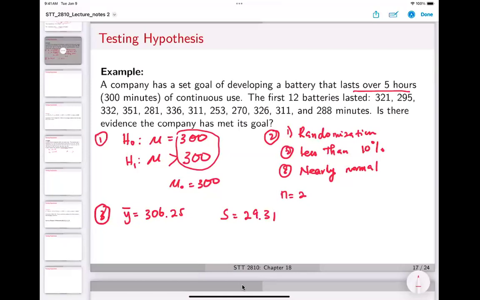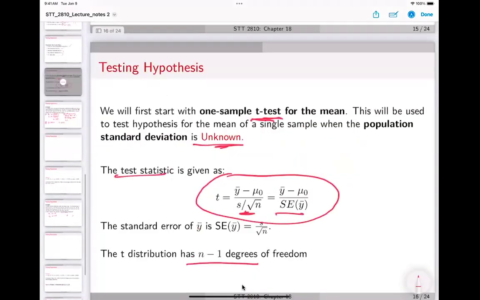So to be able to compute the test statistic, remember we wrote the test statistic here. It is y bar minus mu naught divided by the sample standard deviation over root n.